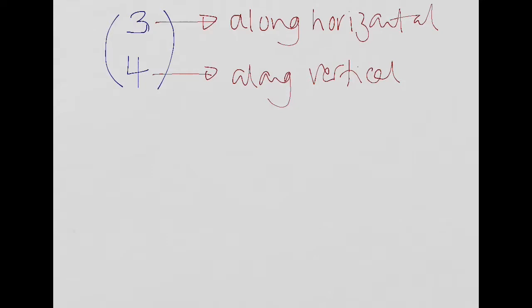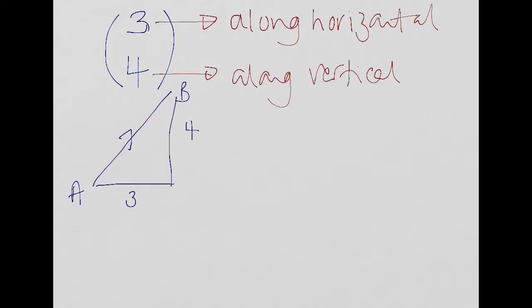That would mean that you would go 3 along that way and then 4 up that way. And this here, that is your vector. So this is A and this is B. Your vector is 3 along, 4 up, but this is the actual vector here.